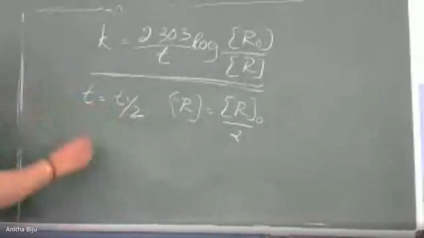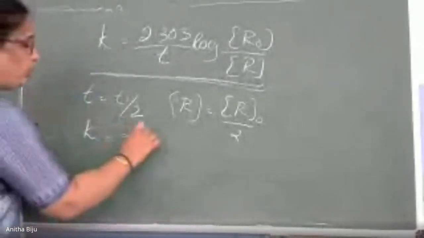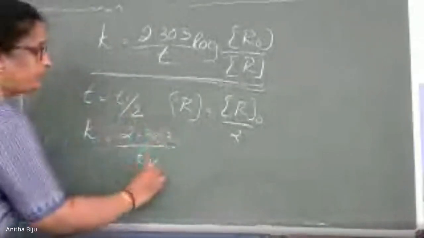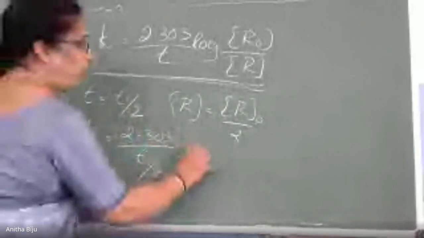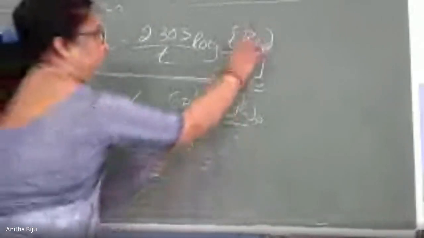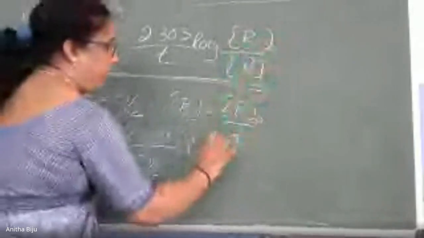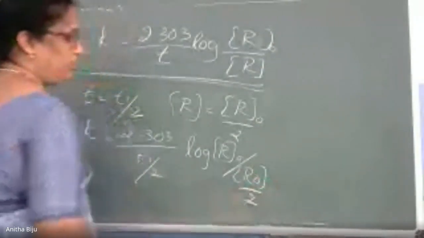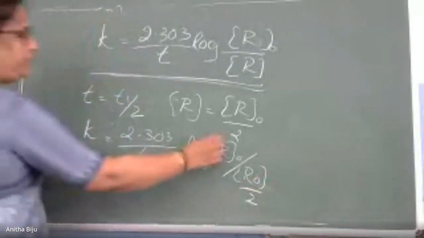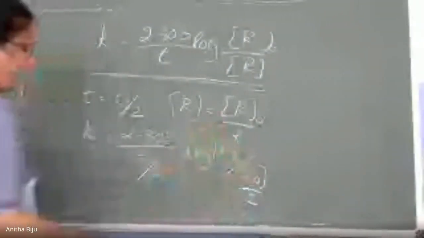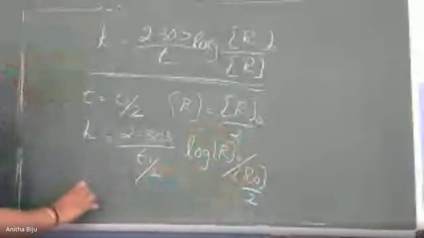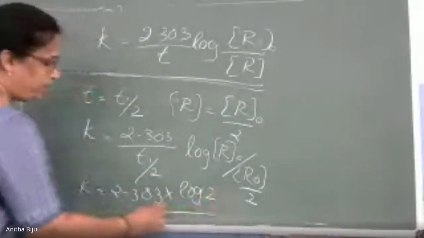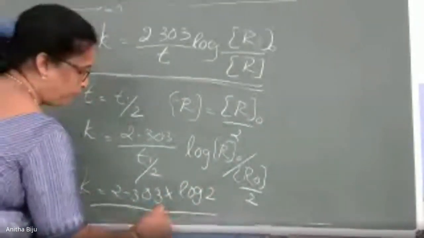So k is equal to 2.303 by t half, t meaning half-life period, into log r naught by r naught by 2. So this will get cancelled and 2 will go up. So we have k is equal to 2.303 into log 2 divided by t half.